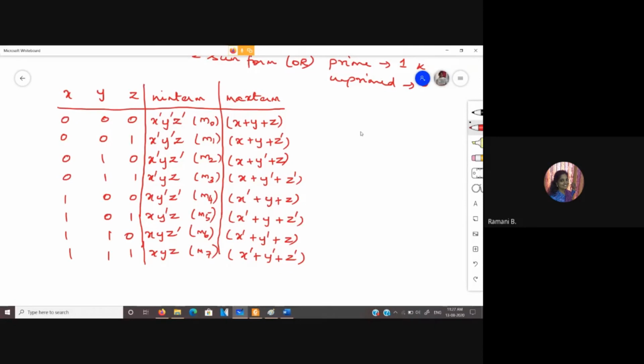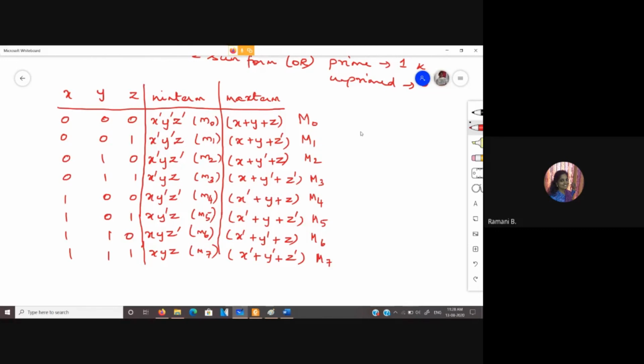We denote these max terms as capital M, with the same subscripts: M0, M1, M2, M3, M4, M5, M6, and M7.